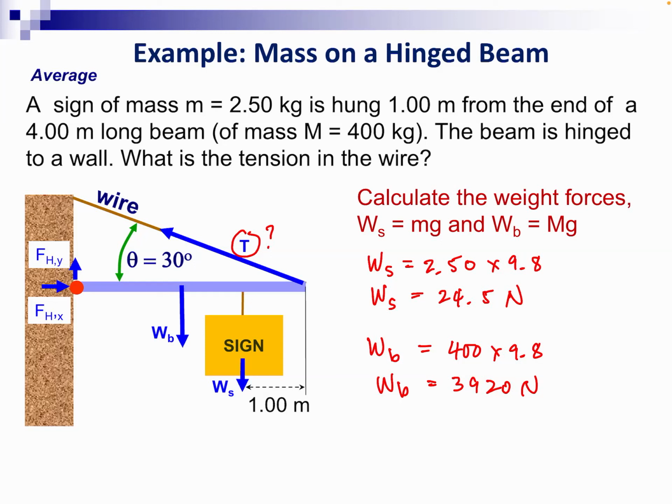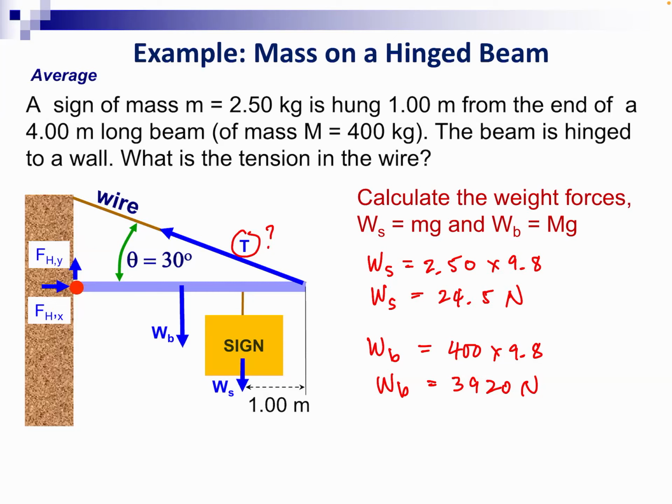All right, so we want to calculate the tension T. We know the weight of the beam, we know the weight of the sign. We don't know the tension, and we don't know the forces exerted by the hinge. The hinge exerts a horizontal and vertical force as shown in the diagram here.